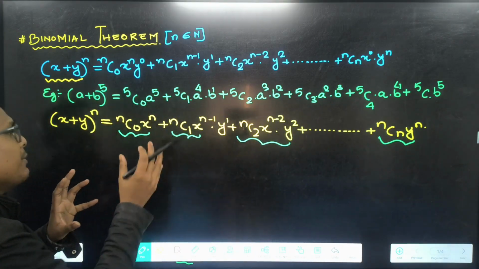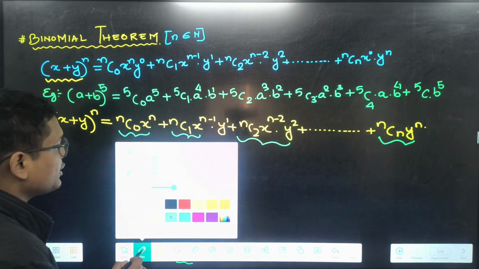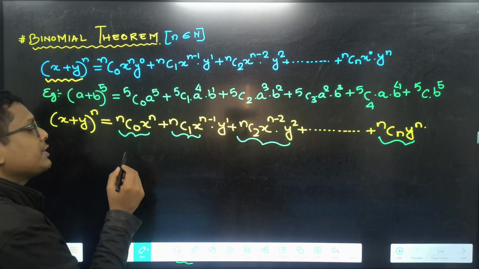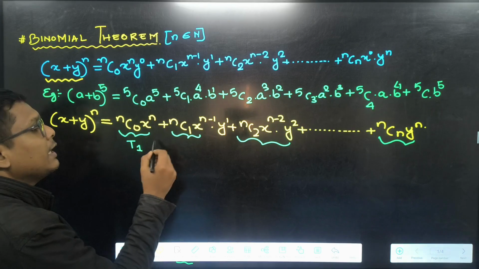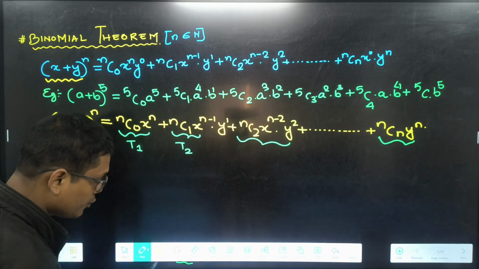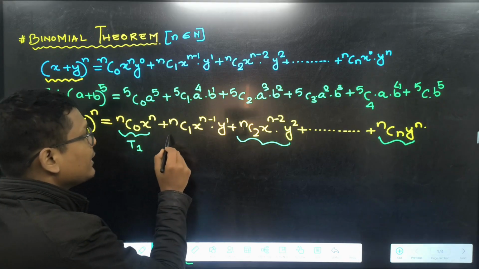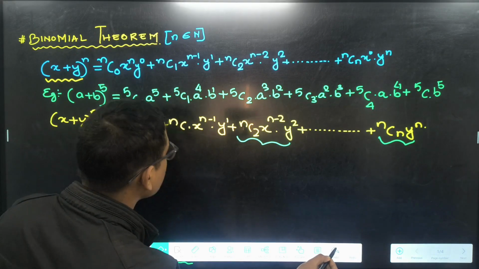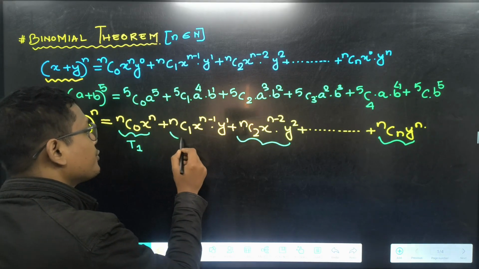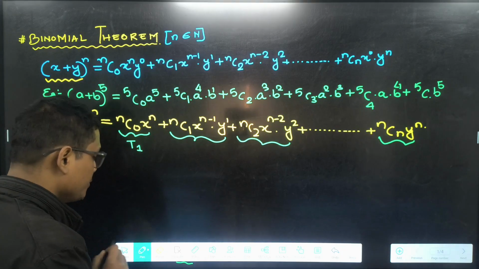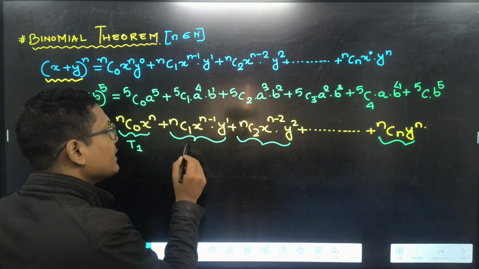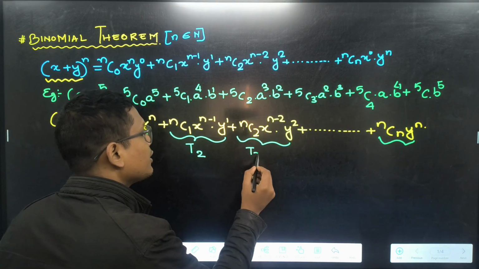The term that comes in the first position is called the first term. Let's denote the first term as T1 and the second term as T2. Do not get confused, this complete term is term 2, this is term 3, and so on.